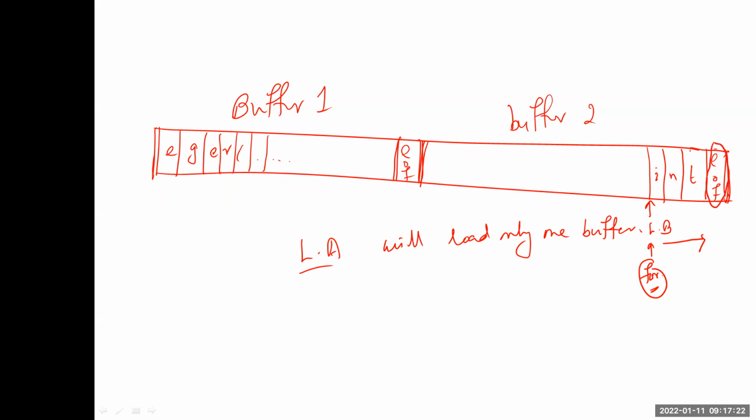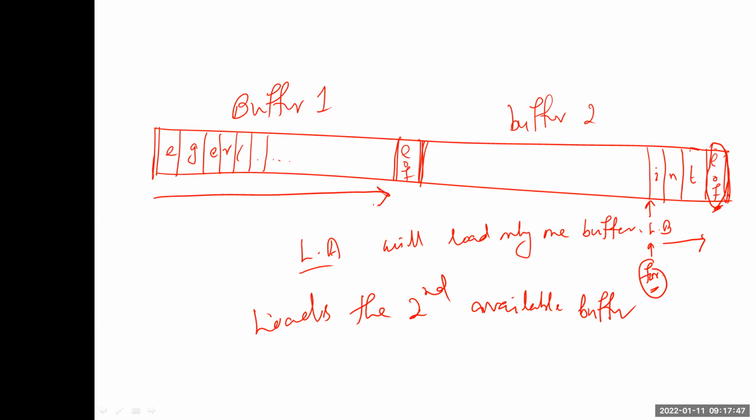The moment it finds an EOF, it loads the second available buffer. That means the moment this forward pointer reads the EOF, it will load this particular buffer by reading it from the main memory, and the forward pointer will point to the starting location of the second buffer, right?